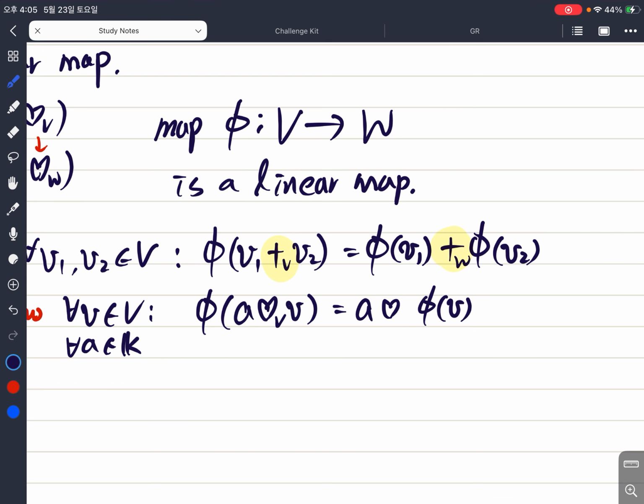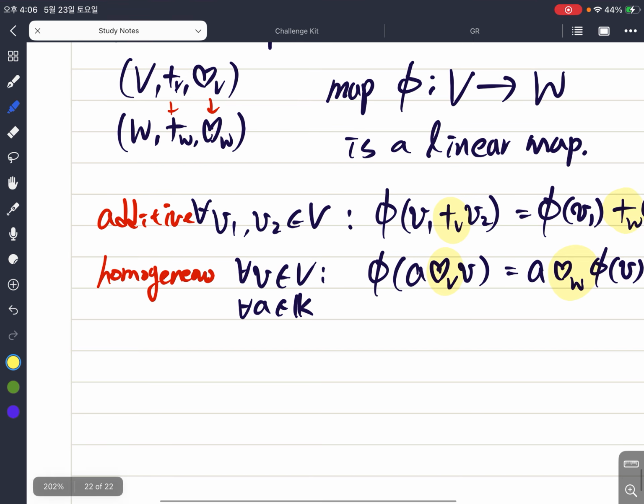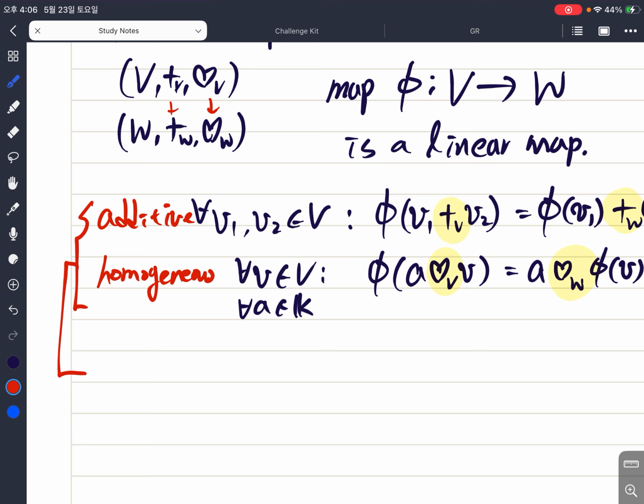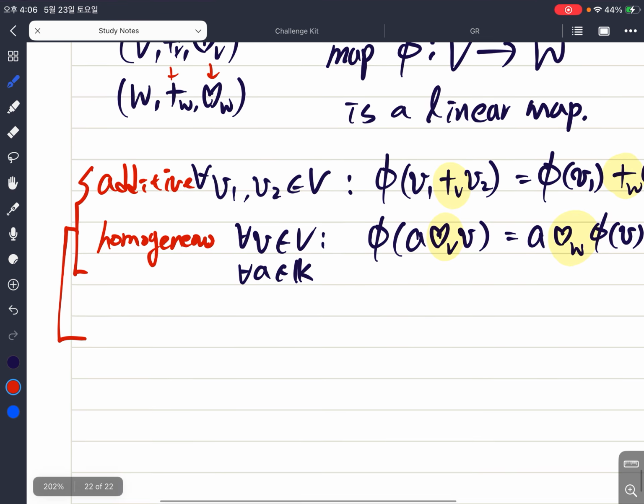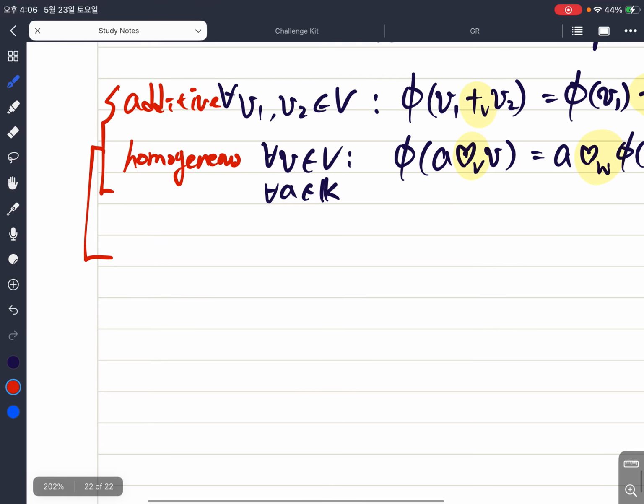Of course, again, this is multiplication in W. So multiplication in V becomes multiplication in W directly. This is called the homogeneous property. And if this map satisfies both these conditions, then it keeps addition and scalar multiplication directly. So it is called linear. The map is called linear, or the map is a linear map.